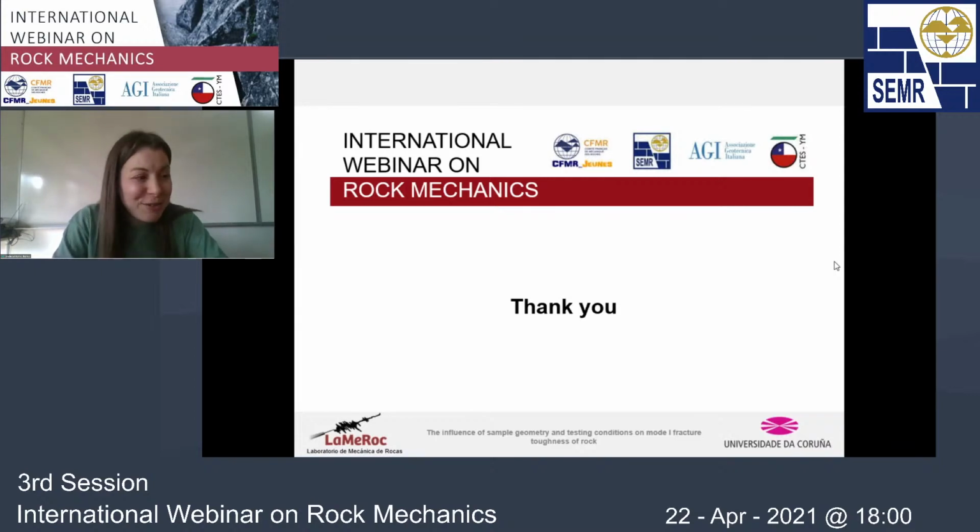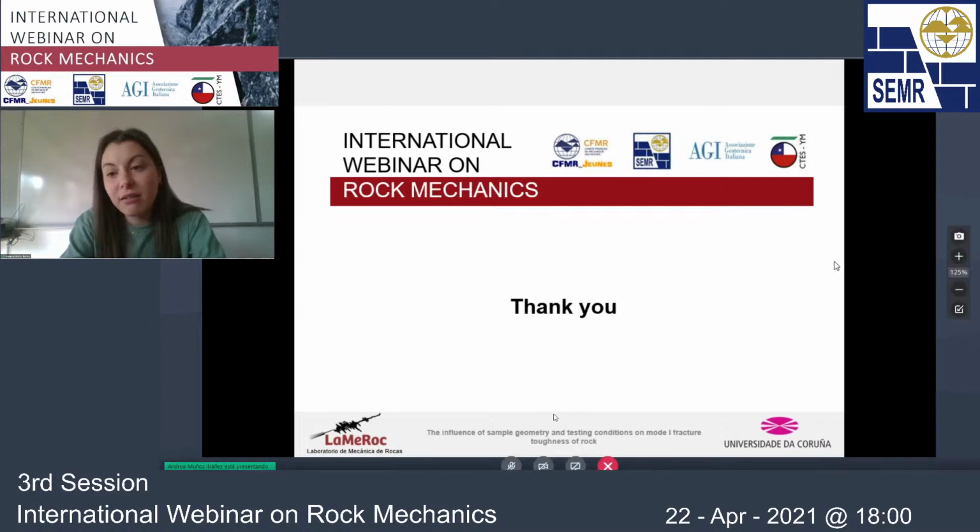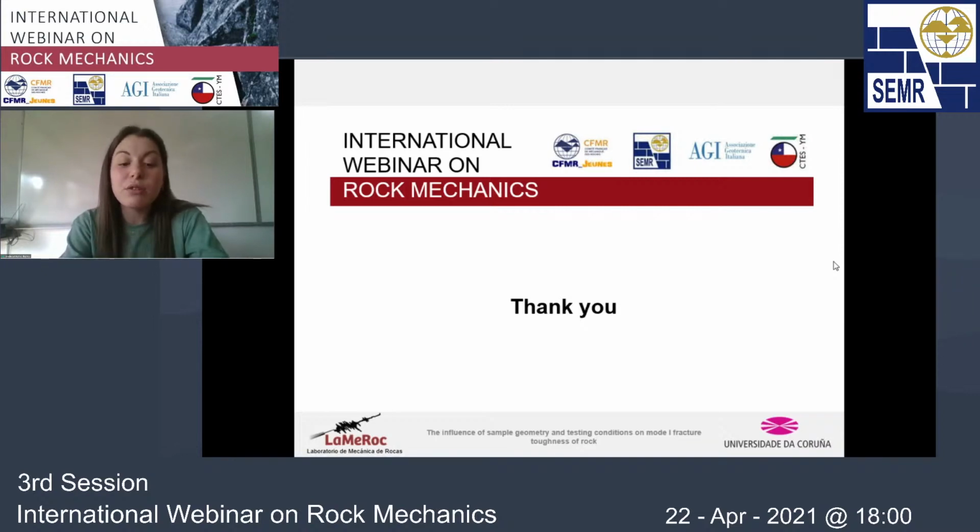I mean, it's true that you should have a high stiffness device to make sure that your experiments are performed properly, but we think it's more because when we apply the load under 3-point bending, we have huge stress concentrations at the notch tip, but also at the contact with the rollers. So we don't think that we should have better results by improving, in this case, the stiffness of the device.